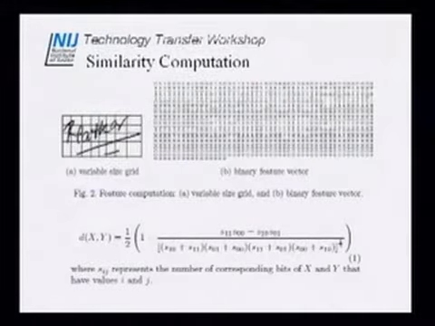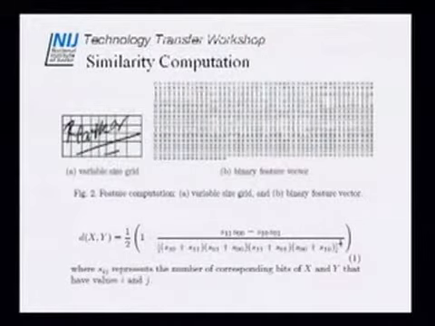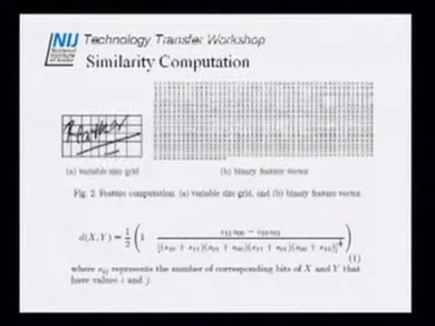Signatures tend to be longer than higher, so we put an 8 by 4 grid on it, and we move the grid lines appropriately based on the distribution of the black values, where the ink is in the signature.